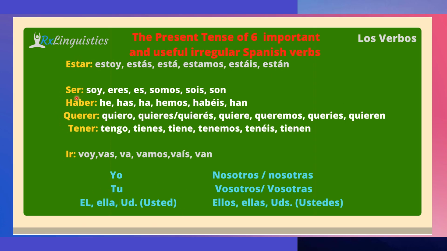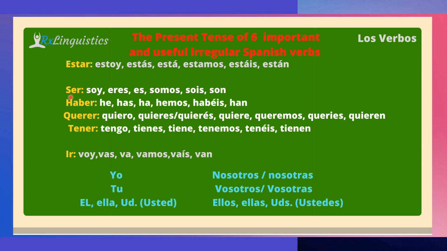Now for the verb ser, you have yo soy, tú eres, all this es, nosotros somos, vosotros sois, ellos son. Haber, which is to have. Okay, ser is to be, and estar also is to be, because there are two types of to be in Spanish, estar and ser.